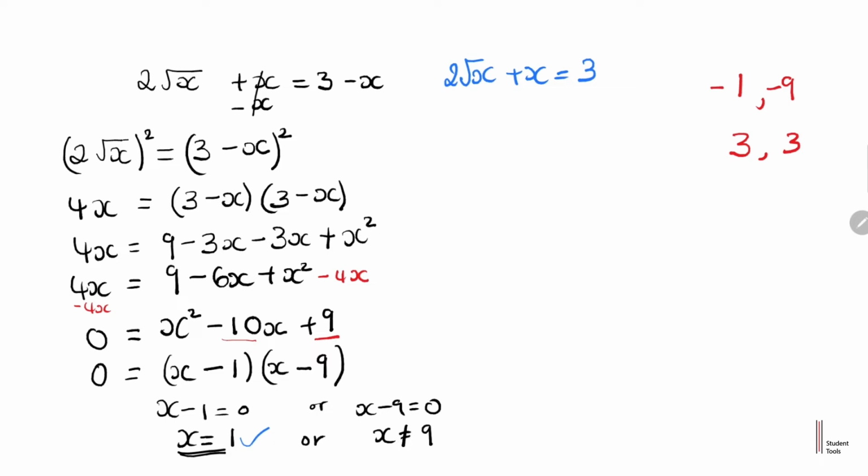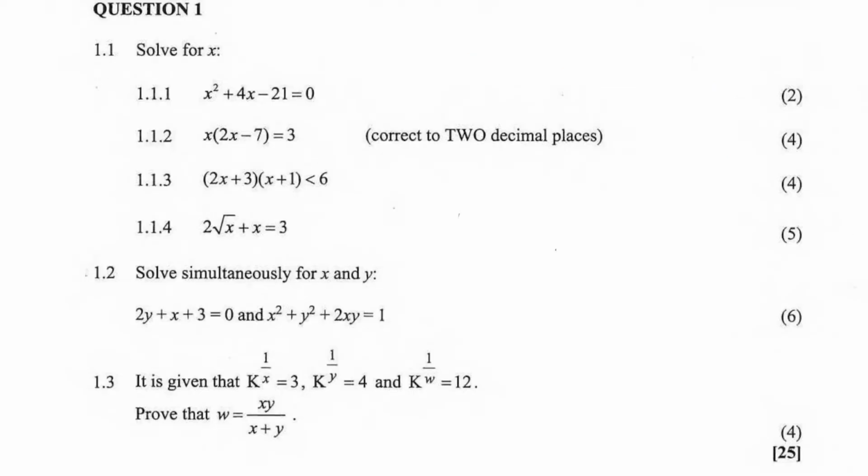Next is 1.2. 1.2, we are solving simultaneously for x and y. Right, so we will have two equations here and we're supposed to solve them simultaneously. So this is getting more interesting. Okay, guys and girls, let us write down our two equations so that we can solve them simultaneously.